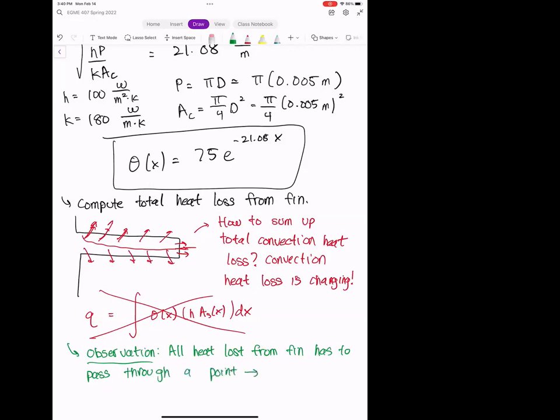Okay. And where is that point? That point is the base, right?